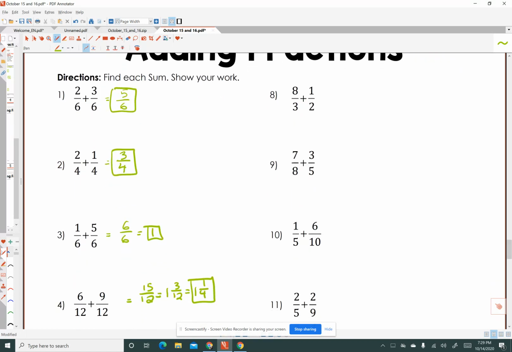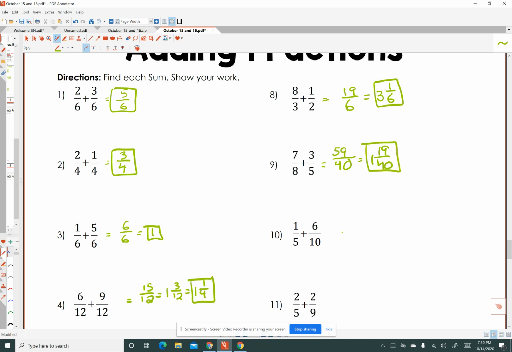Number 8, our denominator is going to be 6, and you will end up with 19/6, but I want you to show your work. And 6 goes into 19 3 times with 1/6 left over. Number 9, your denominator will be 40, and you will end up with 59/40. 40 goes into 59 one time with 19/40 left over.